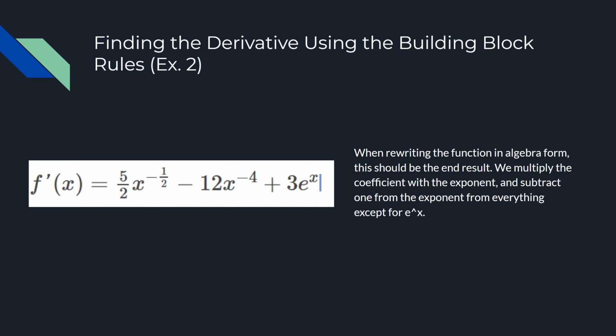And since we subtracted 2/2, which is 1, from 1/2, that would give us an exponent of -1/2. And we had originally -4, which we multiplied by 3, which would give us -12x, and it would give us an exponent of -4 by subtracting 1.